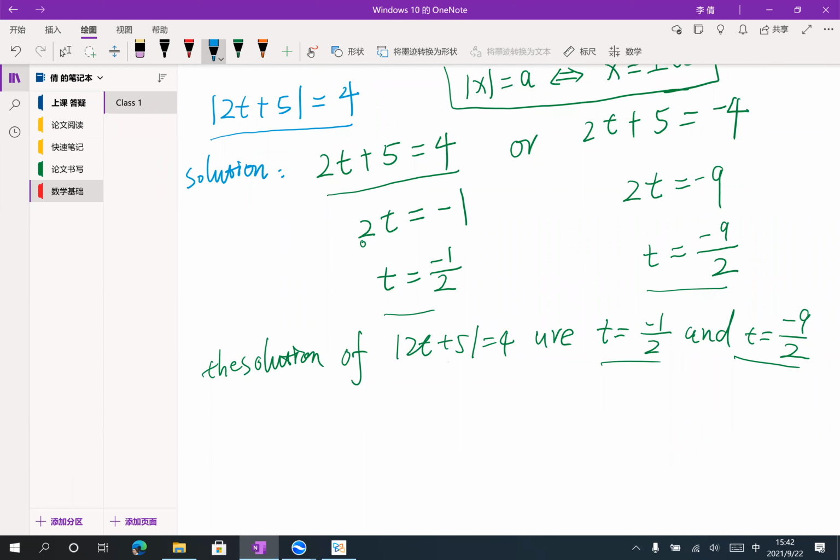And the third exercise is the absolute value of s over 2 minus 1 is equal to 1.